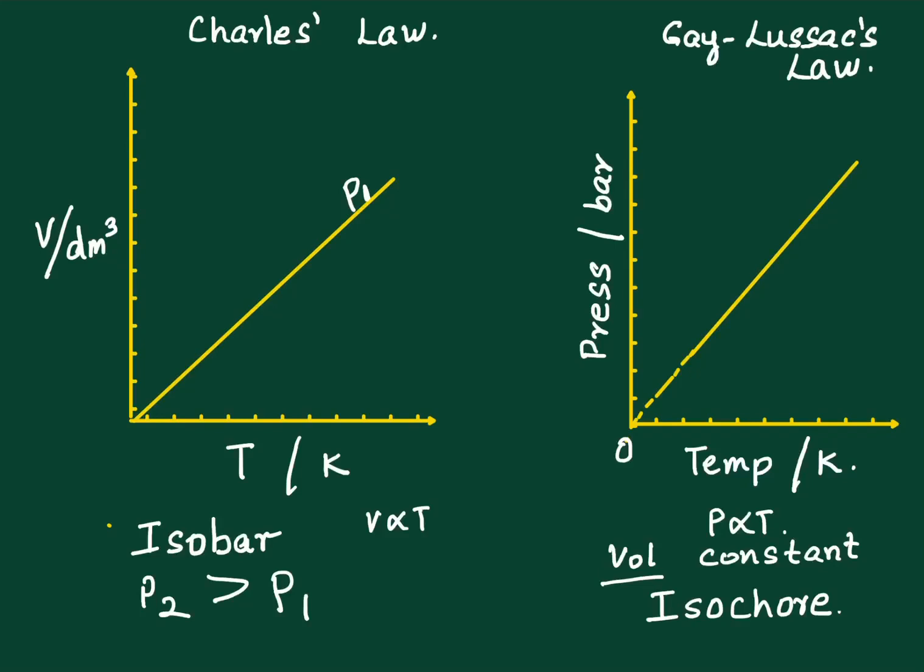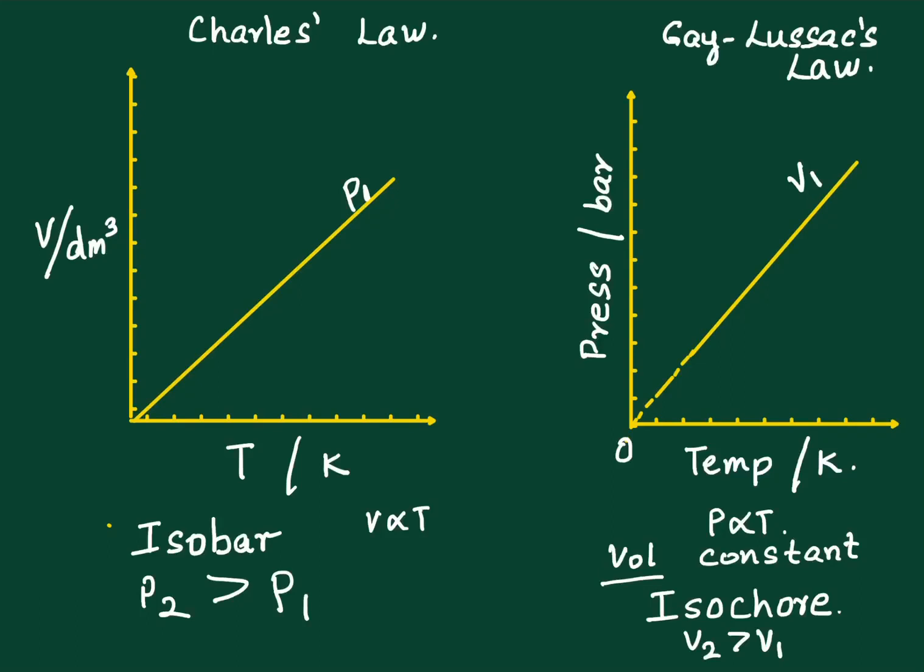Challenge number 2. Now here this graph is for volume V1. Challenge question. Draw the pressure temperature graph for volume V2 where we know that V2 is greater than V1.